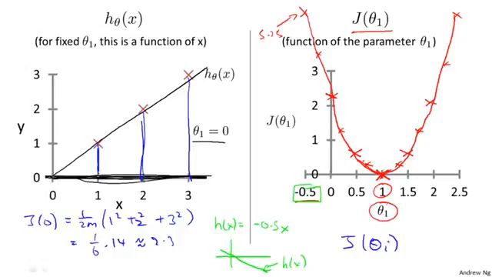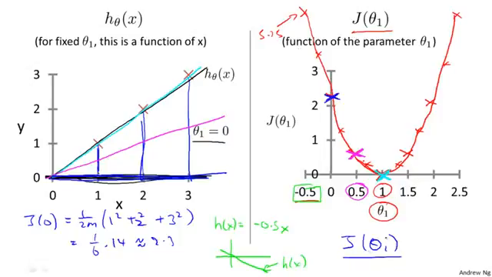For example, theta 1 equals 1 corresponded to this straight line fit through the data, whereas theta 1 equals 0.5, this point shown in magenta, corresponded to maybe that line, and theta 1 equals 0, shown in blue, corresponds to this horizontal line. So for each value of theta 1, we wound up with a different value of J of theta 1, and we could then use this to trace out this plot on the right.